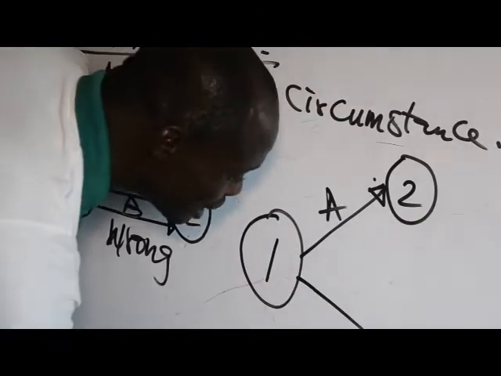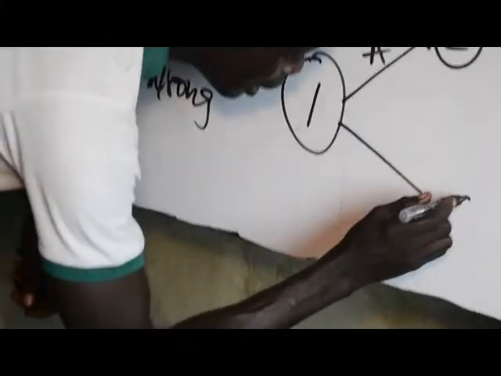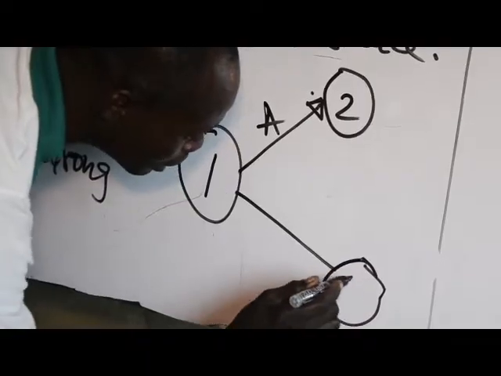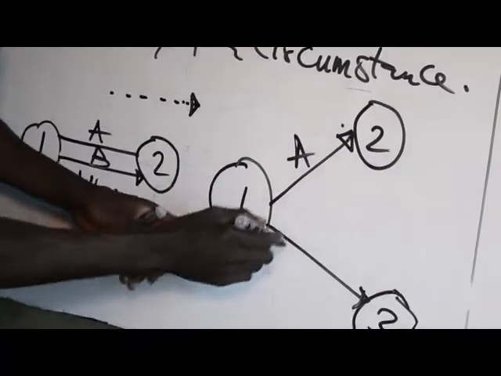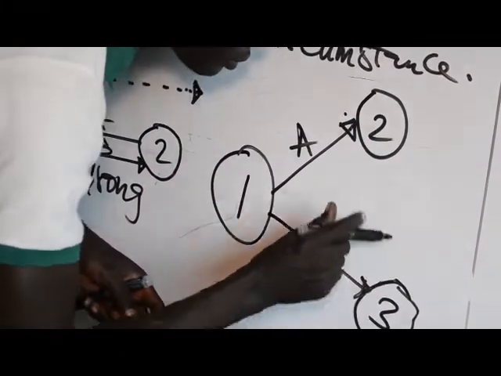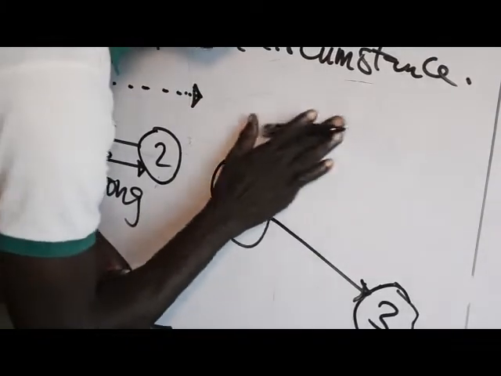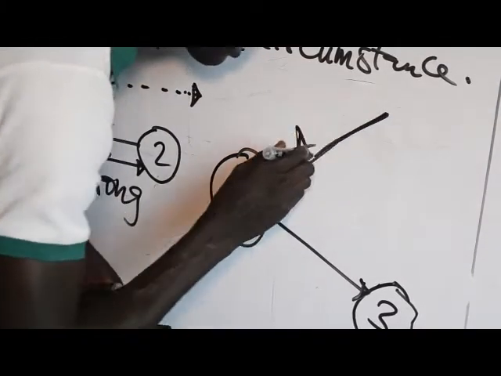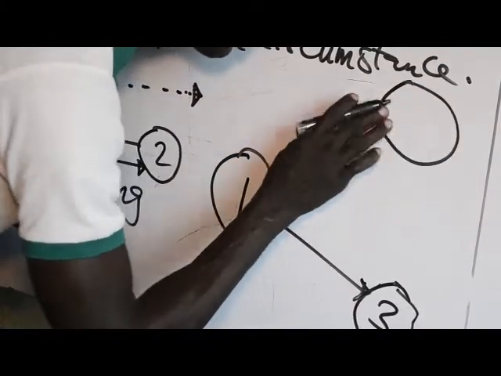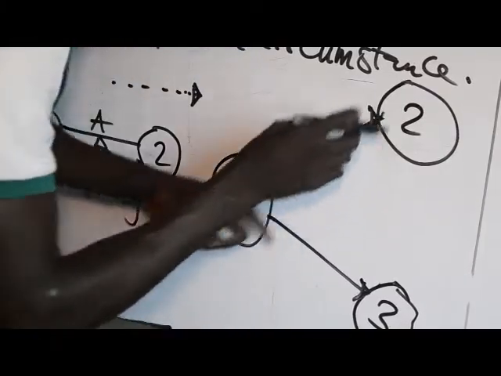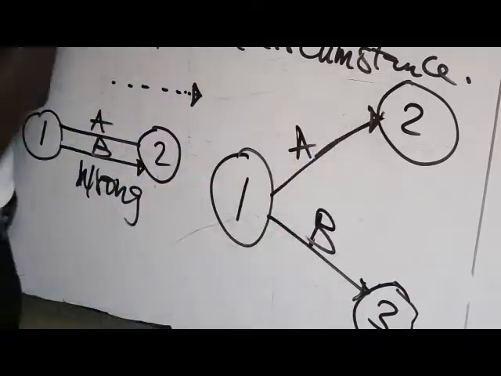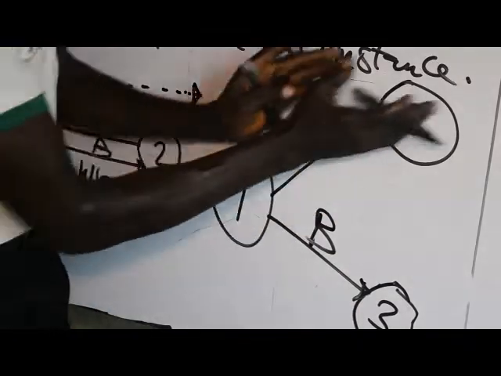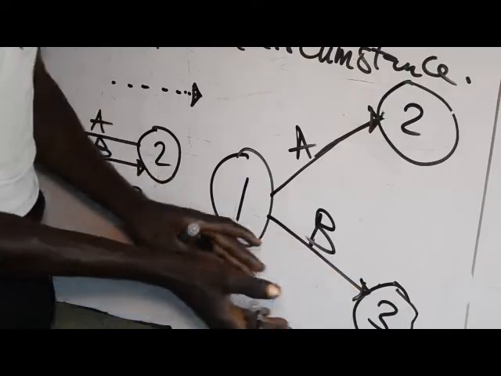And if you now have activity B, and this is where it stopped, number 3. If both activities A and B are to meet at a point, remember this one is facing this direction and this one is also facing this direction.